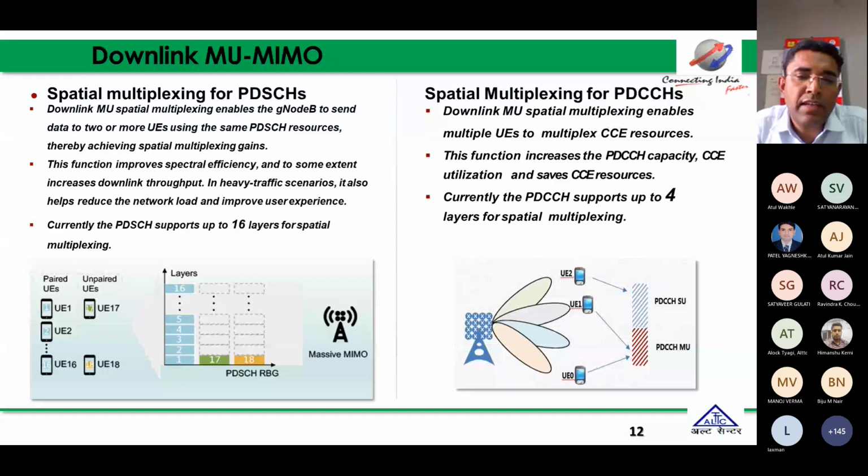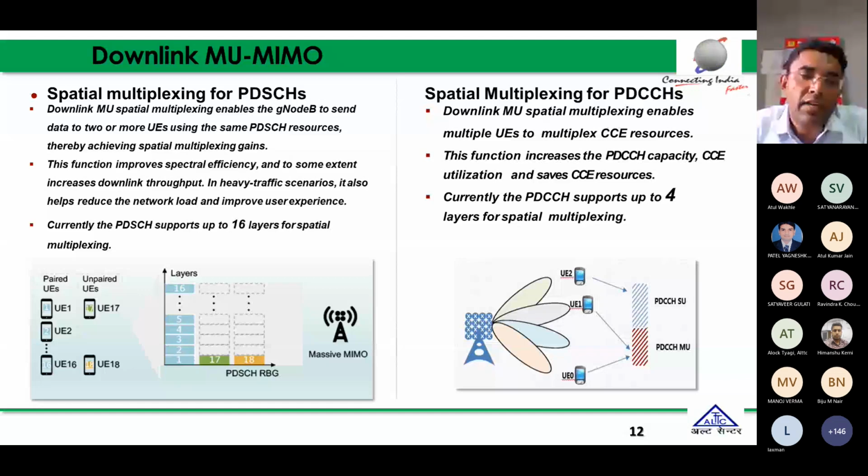Here on the left-hand side, you can see that currently the PDSCH supports up to 16 layers for spatial multiplexing. What does it mean? It means if 16 UEs are paired in the spatial domain, they can be served with the same time-frequency domain resources, or we can say they are allocated to the same resource block group.